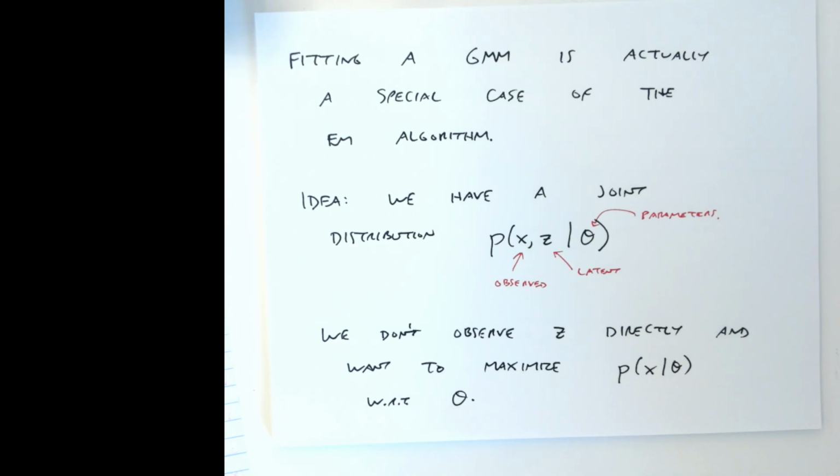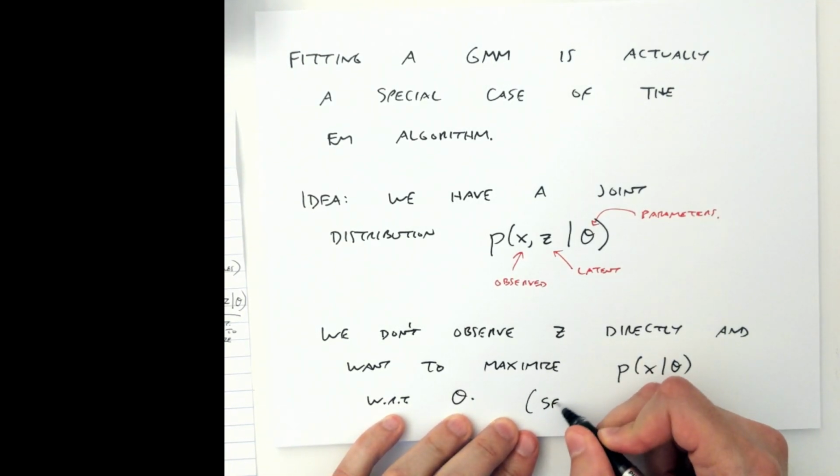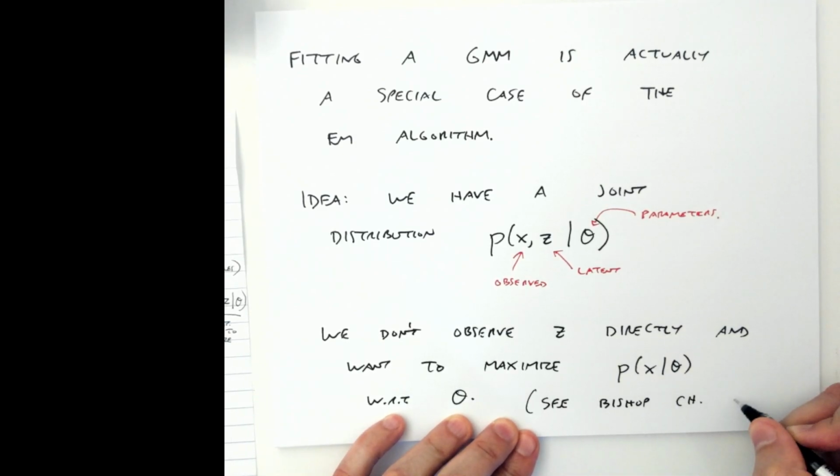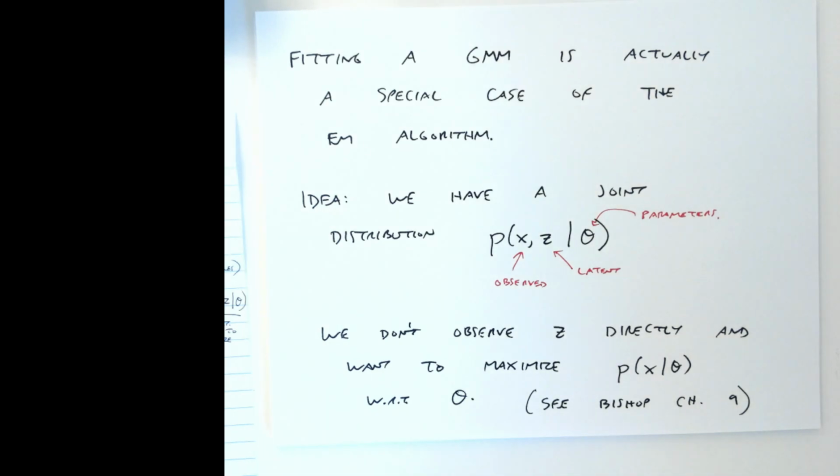That process would be easier if I had access to this latent variable z, which I don't. The EM algorithm is a way of using the latent variable estimation in the middle to make this problem easier. I'm not going to write this down in detail. If you're interested, this is in Bishop's book, chapter 9. If you want to talk about the full EM algorithm, that's where you'll find the details. But for our purposes in this class, just knowing how to estimate the Gaussian mixture model and knowing that it's an instance of the EM algorithm is fine with me.